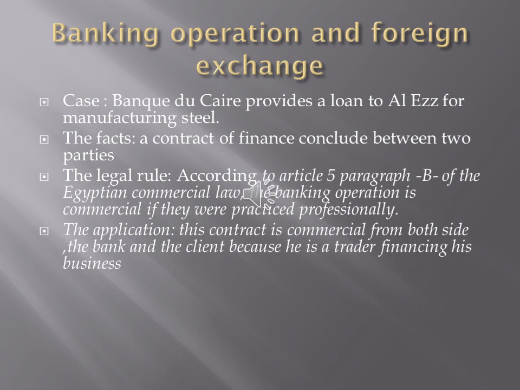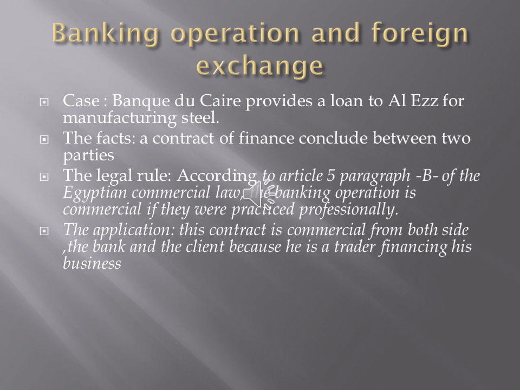We want here to indicate a very important point: concerning the bank and the insurance, they can be hybrid commercial acts. Why? Because the bank is a trader, but on the other hand, the second party in the contract concluded with a bank can be a trader or can be a person ruled by the civil law.